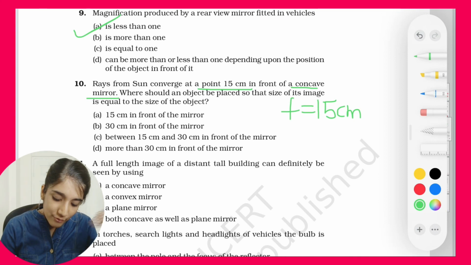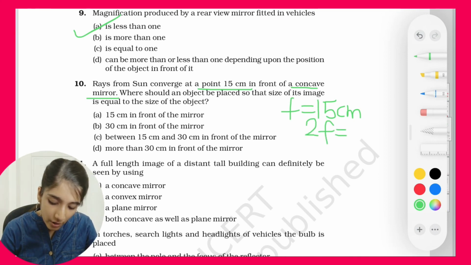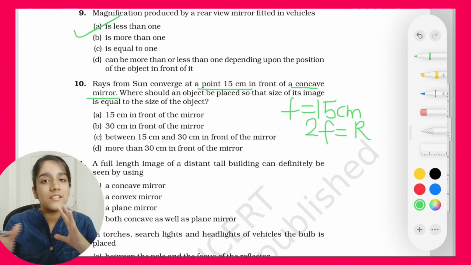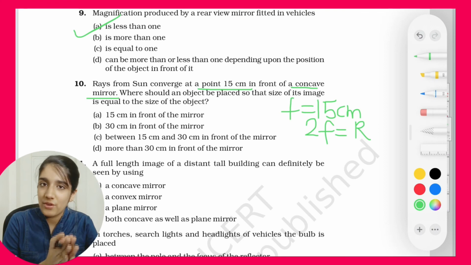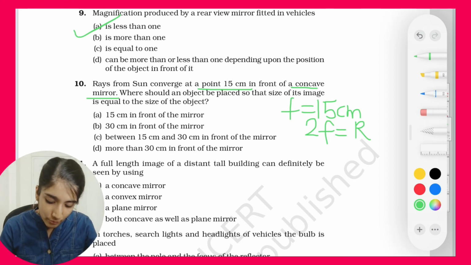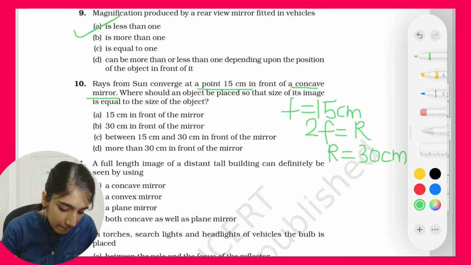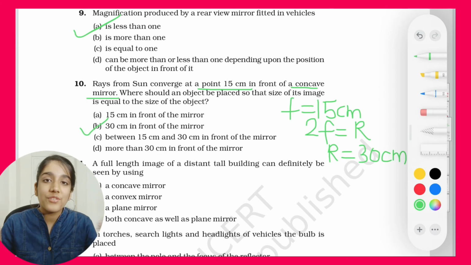So we just have to double this up because I've told you about this relationship: 2f is equal to R, where R is the radius of curvature, which is the distance from the pole to the center of curvature. Now if you substitute the value, you will get the radius of curvature as 30 centimeters, and the answer will be B, 30 centimeters in front of the mirror.